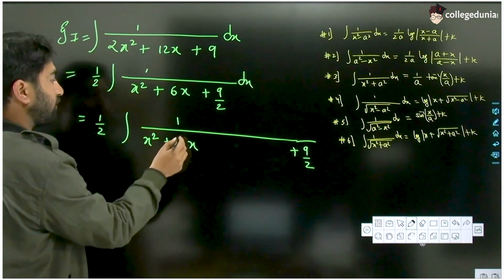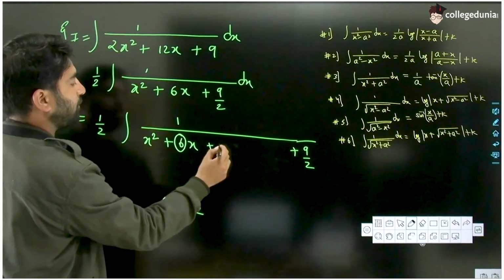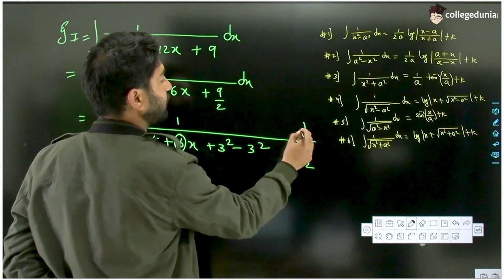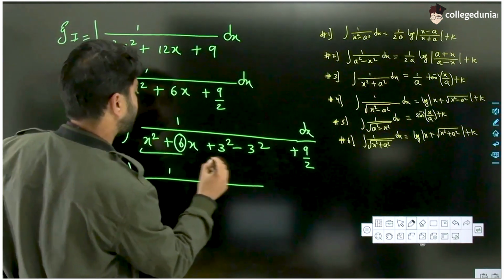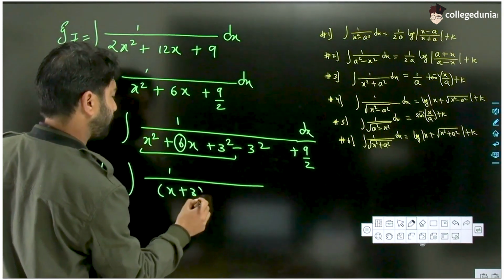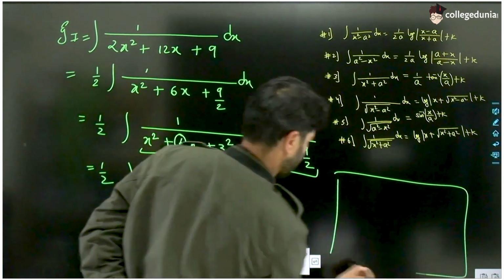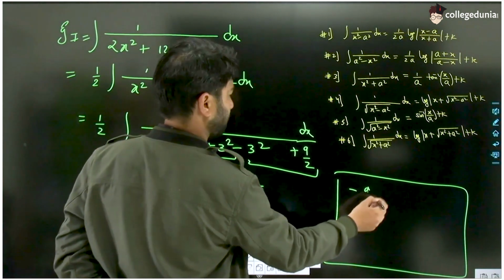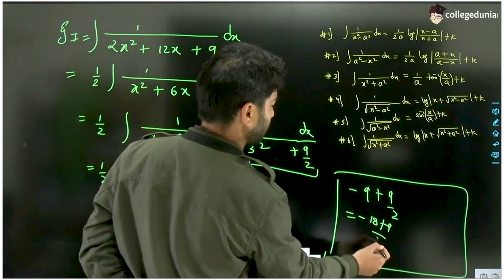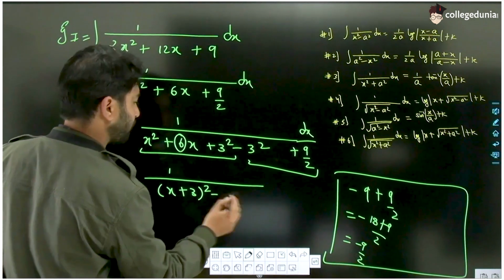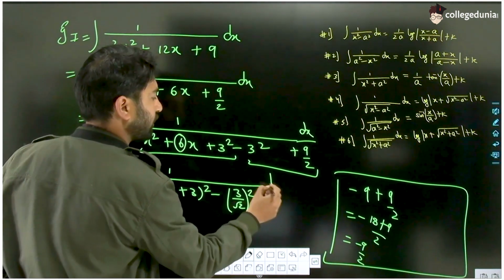Whatever is the coefficient of x, it will be halved, and then its square will be added and subtracted in the denominator, so that the first 3 terms will make the whole square of x plus 3, and this part will be solved in the rough part, like we have minus 9 plus 9 by 2, minus 18 plus 9, this is minus 9 by 2, and this minus 9 by 2 can be written as 3 by root 2 whole square.